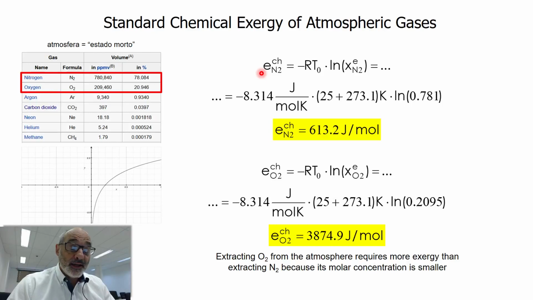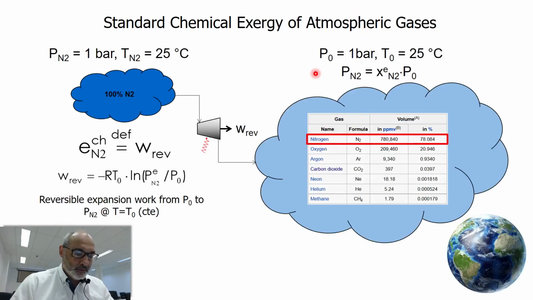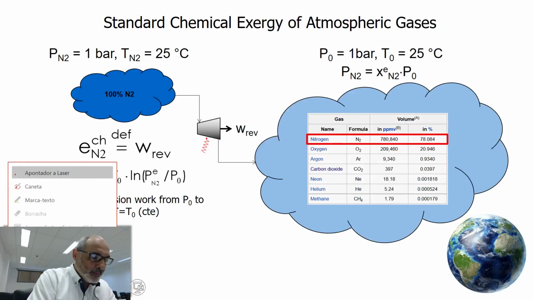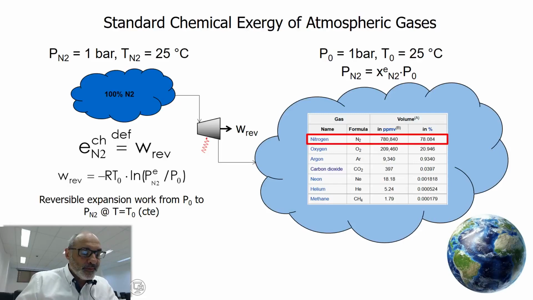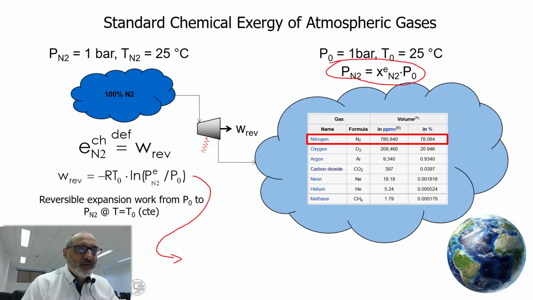First, chemical exergy of nitrogen. So minus RT0. I'm going back one slide just to write this down. In this expression here, this term, the partial pressure of N2 divided by total pressure, I can write in terms of this equation here.